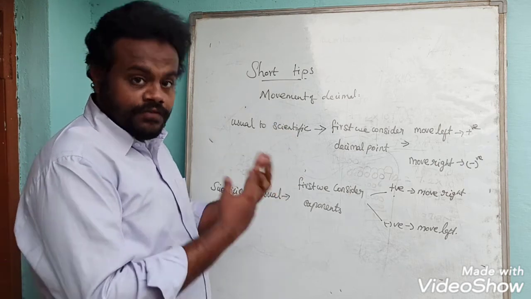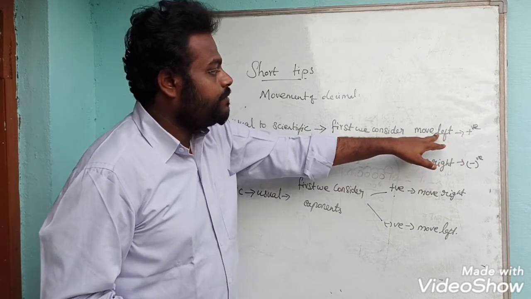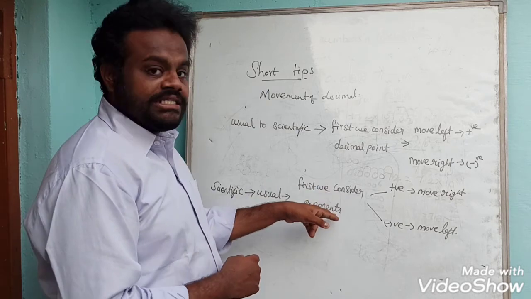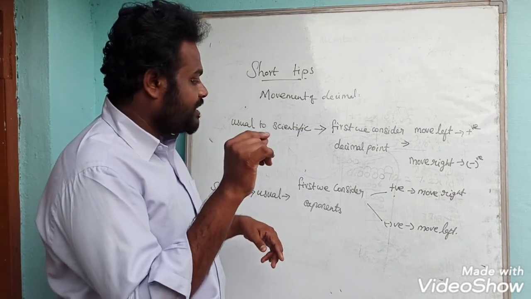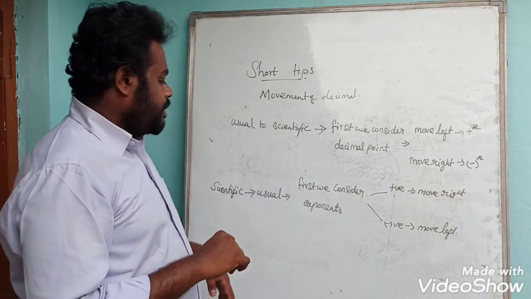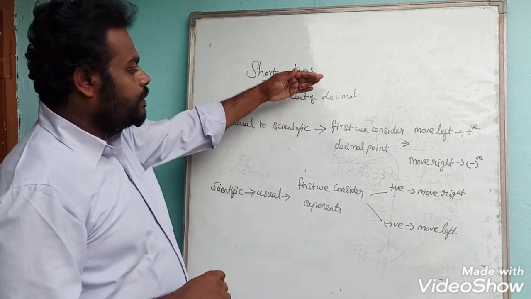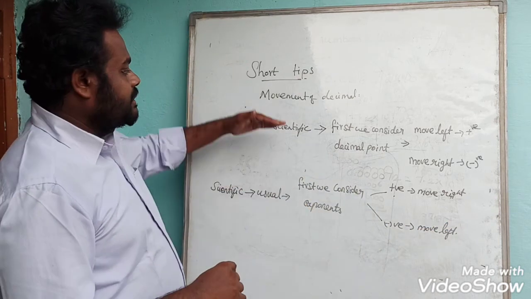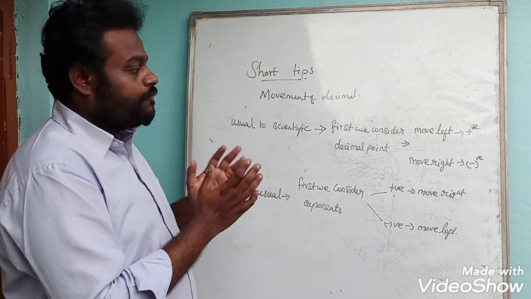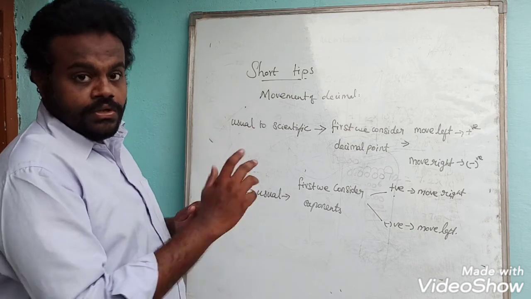Now we have to take the reverse, scientific to usual. So positive means we move right. If the exponent is positive, we have to move the decimal point to the right side. In the same way, negative means you have to move left. Just note it down as a mind map, for simple calculation, to find out how to change usual form to scientific notation and scientific notation to usual form.